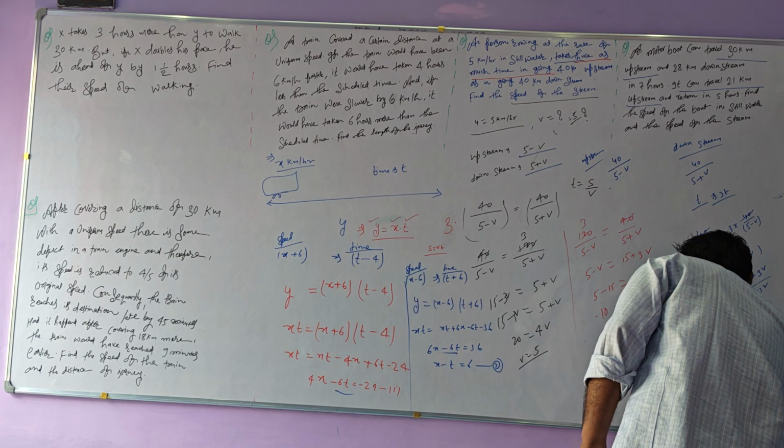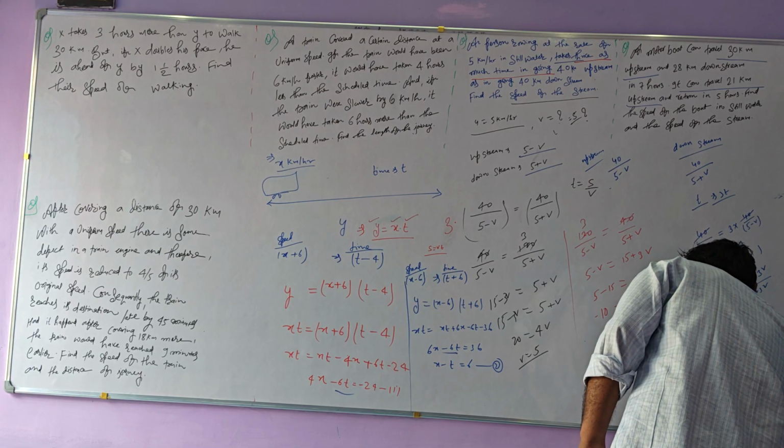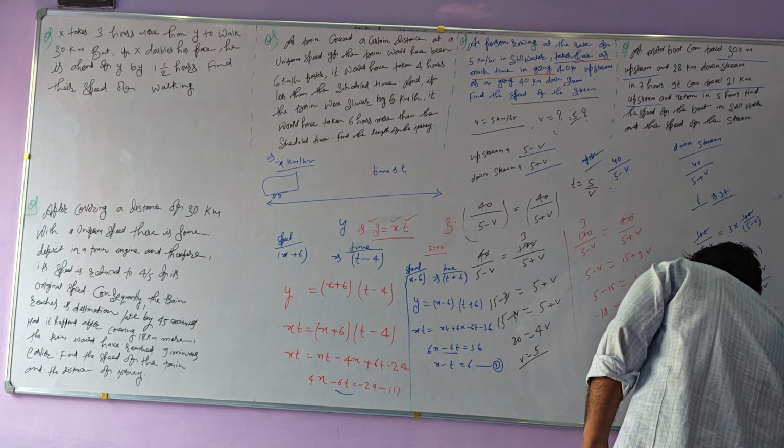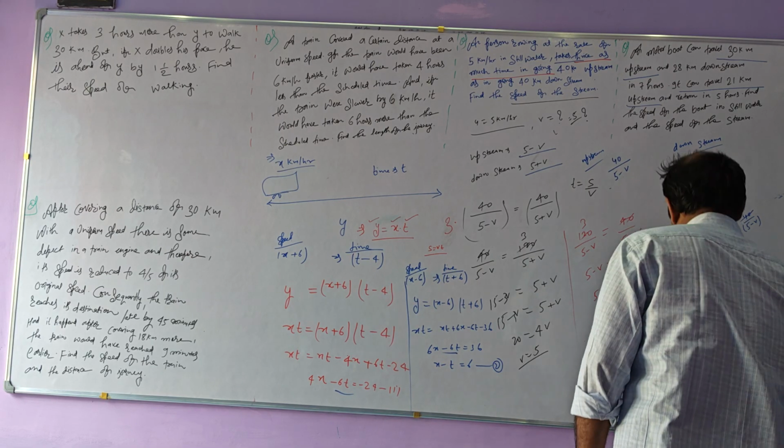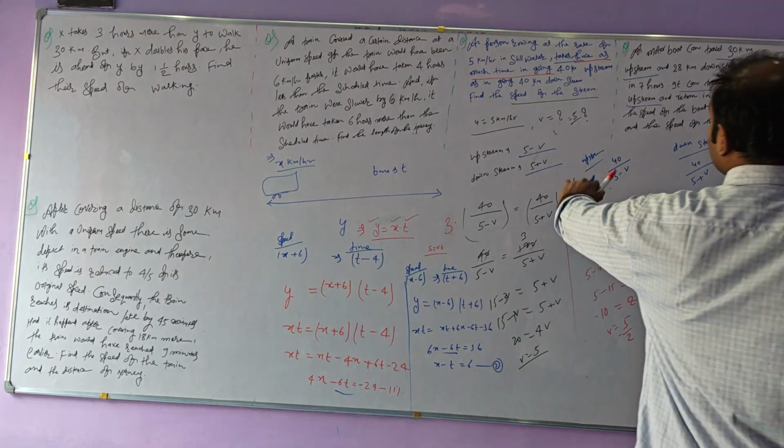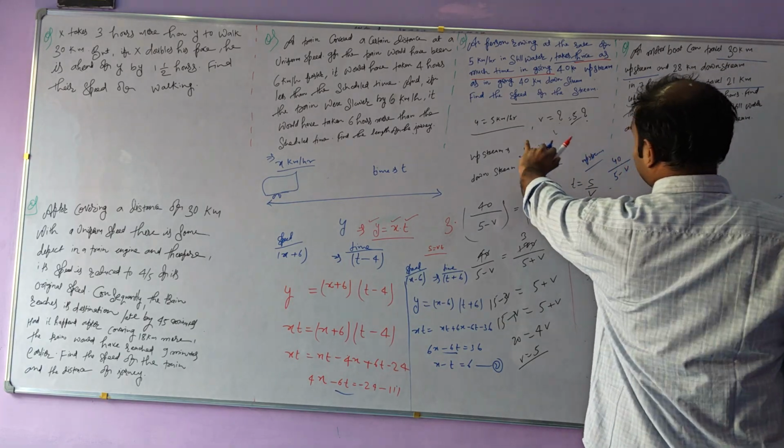So 10 is equal to 4b. b is equal to 5 upon 2.